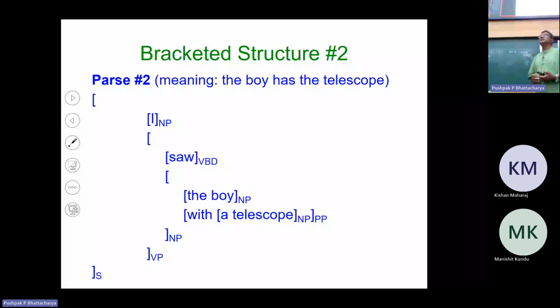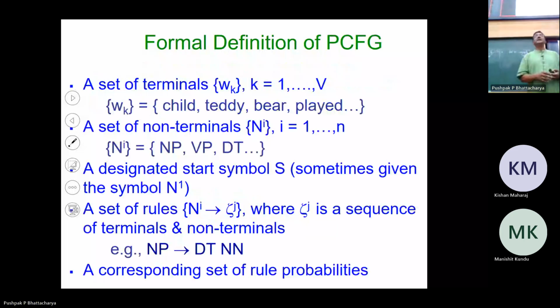Okay, now let's begin to become more rigorous on this. So first, we have to define what is called a probabilistic context-free grammar, because we have data in the form of parse trees. So a probabilistic context-free grammar is exactly like a context-free grammar.